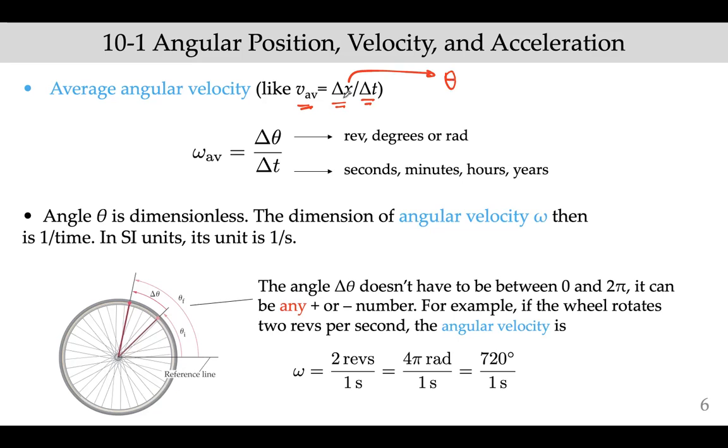So for angular velocity, which is omega, instead of x I'm going to have theta. So this will be delta theta divided by delta t, and you can interpret this as the final theta minus the initial theta.